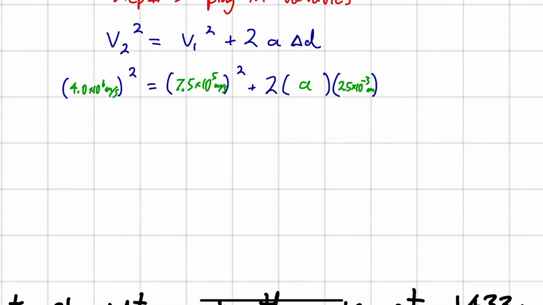Now, simplifying this, we're going to use our calculator, plug these in. You're going to get 1.6 times 10 to the 13, and then the units on that will be meters squared per second squared.